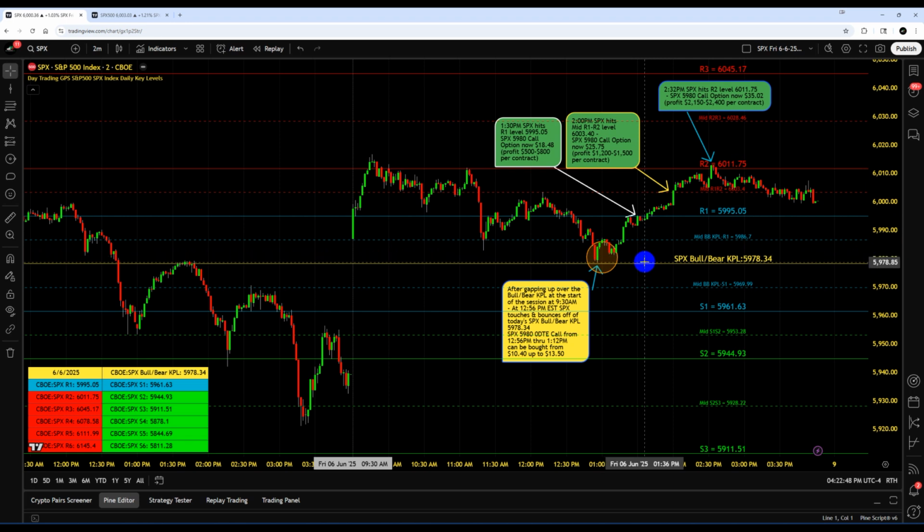So you would want to move the stop loss back up to where your entry was. If your entry was here, then you might as well just make it the mid BBKPLR1. If you got closer to here, then you would either want to make it the bull bear key price level or say a quarter level above. But the whole idea with runners is that you're taking profits.